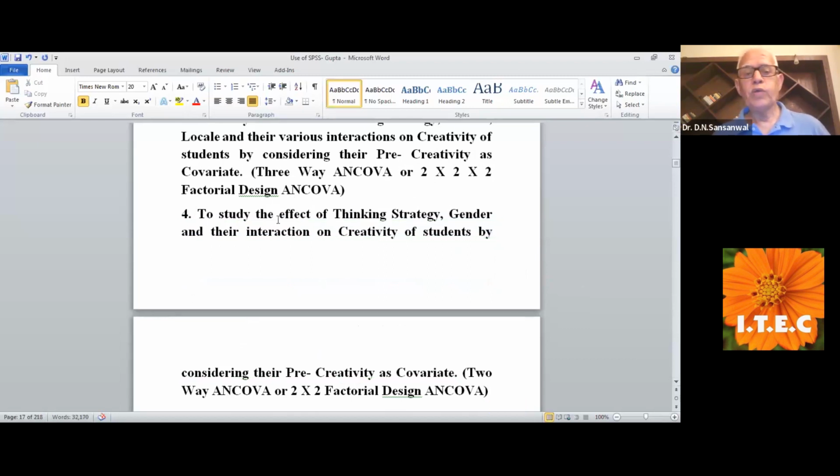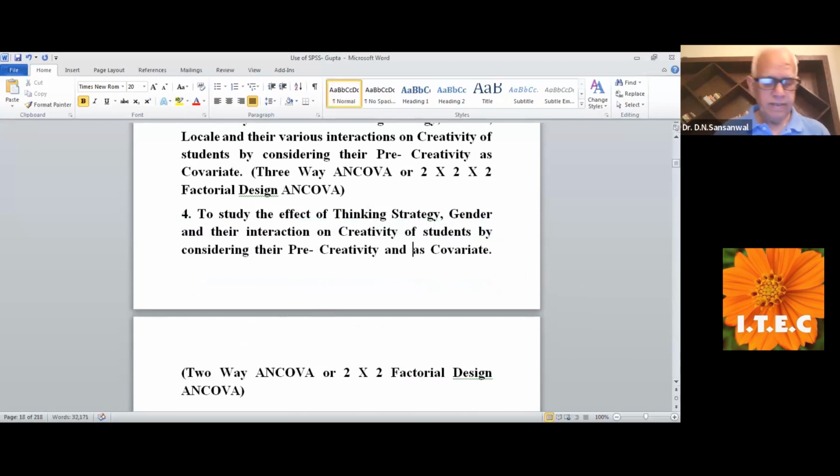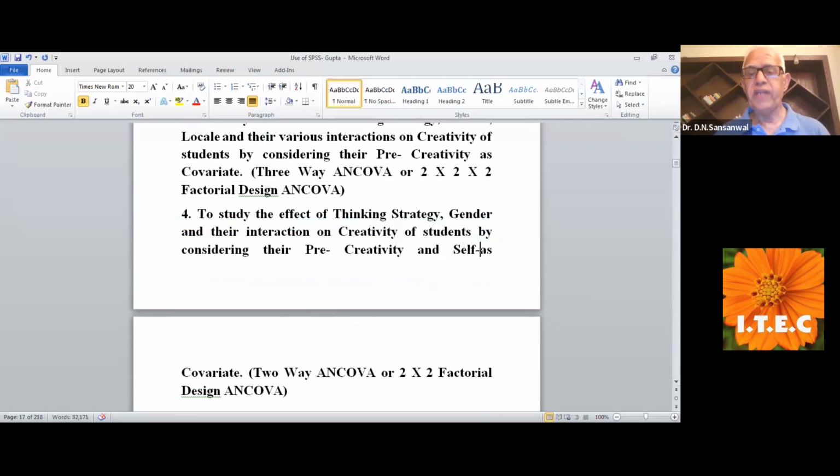You can say to compare, to study the effect of thinking strategy, gender, and their interaction on creativity of students by considering their pre-creativity and self-confidence as covariates. So here also it is the two-way, but here I have taken two covariate. Earlier it was one covariate.